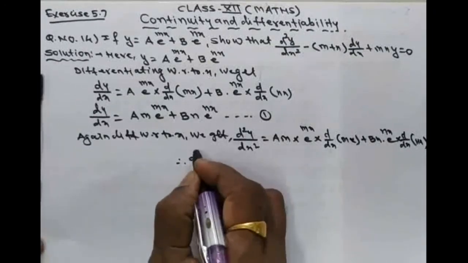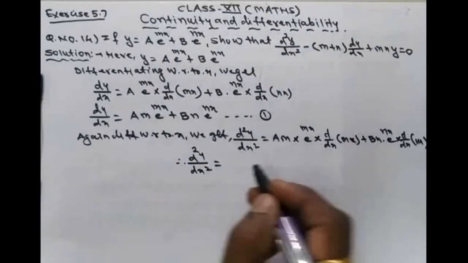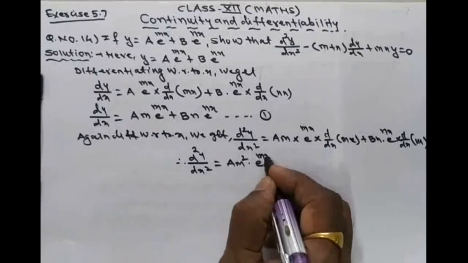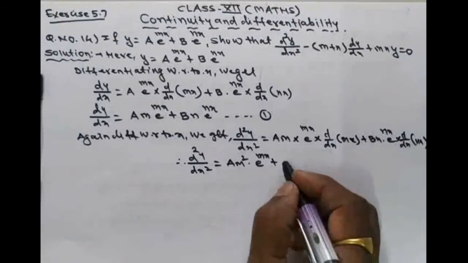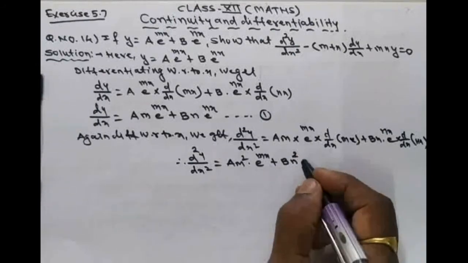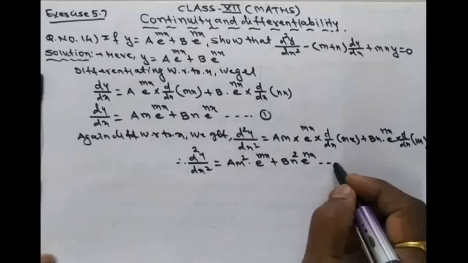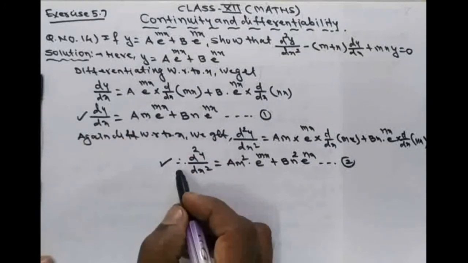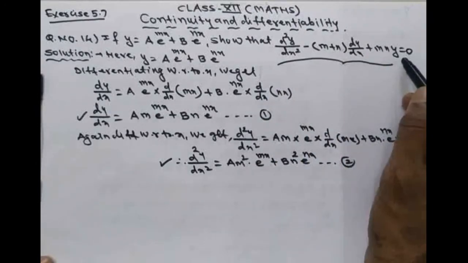Therefore d square y by dx square equals a m square e raised to the power mx plus b n square e raised to the power nx. Now this is number 2. Now put these two values of dy by dx and d square y by dx square in the left hand side of this one and see whether the value comes 0 or not.